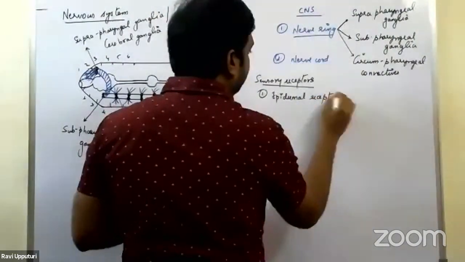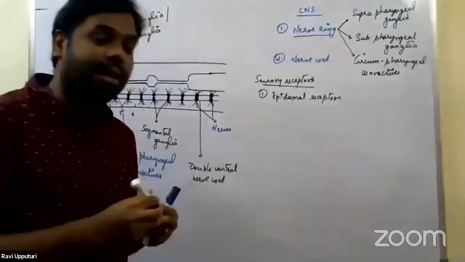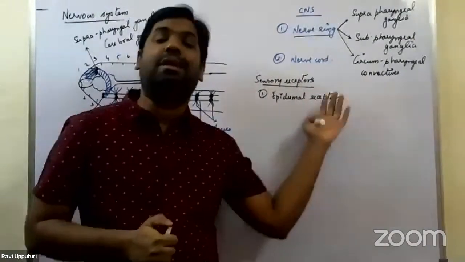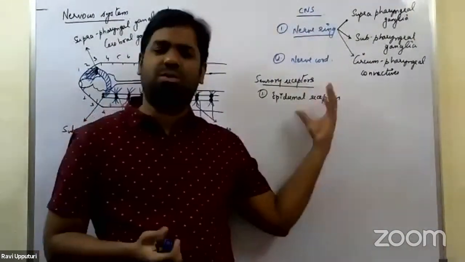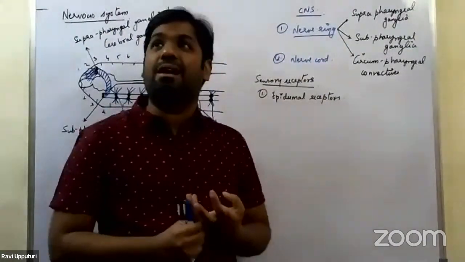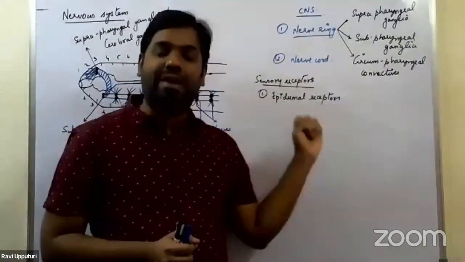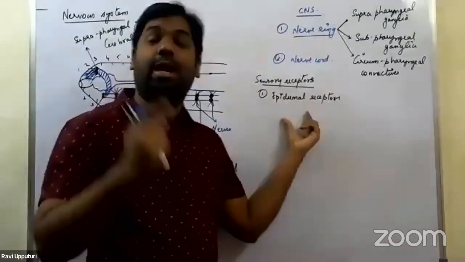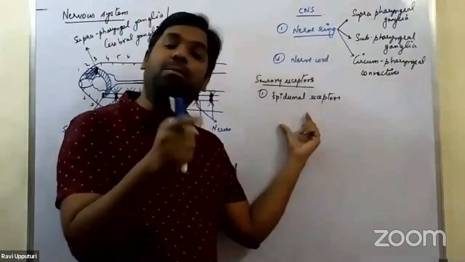Epidermal receptors are said to be tactile in function. We call them tango receptors, which are tactile in function. That is, they are sensitive to touch. These are nothing but touch sensitive receptors present on the epidermis of the body.